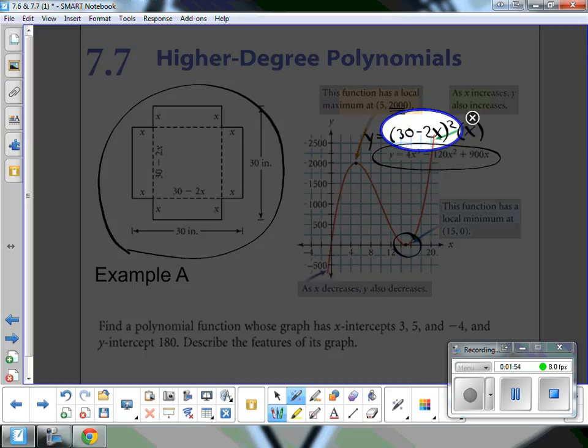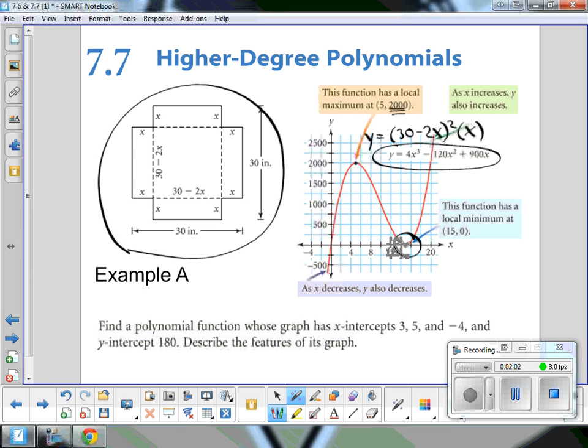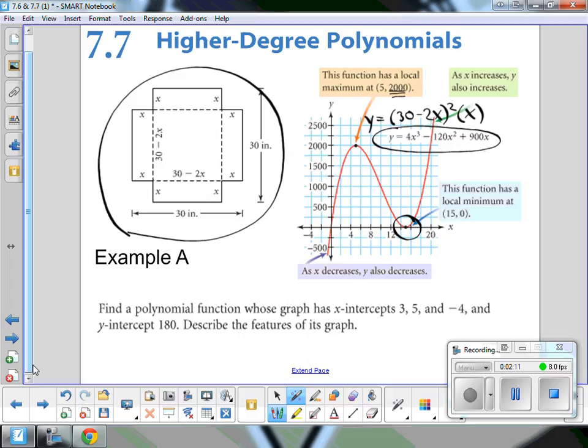See how the 30 minus 2x is squared? That's what creates this sort of parabola-like effect where it bounces off the axis instead of cutting through it. So that's a little bit about what the graph might look like of the polynomial when you have a double root.